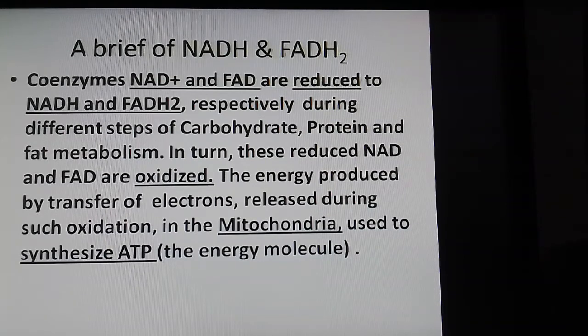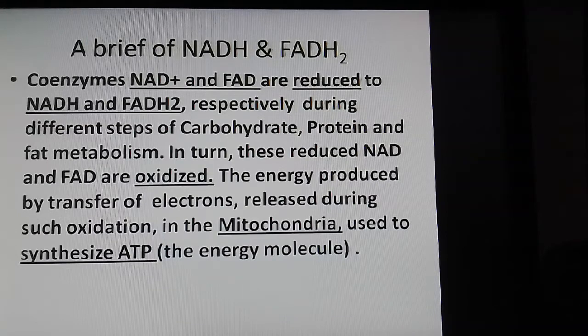So that way, the NAD and FAD acting as the coenzyme at different steps will be reduced into NADH and FADH2. And in turn, this NADH and FADH2 will be oxidized, and the electrons due to this oxidation process will be released into the respiratory chain.